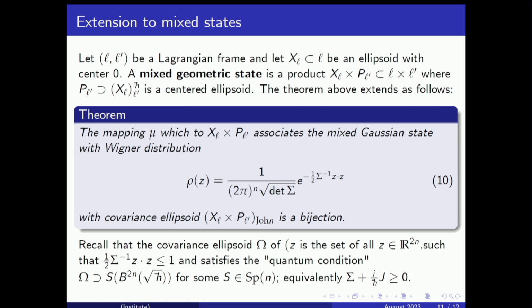It must satisfy a condition, which is sigma plus i over h bar J positive semi-definite. But this is equivalent to the fact that the corresponding ellipsoid contains a quantum blob, that is the image of the ball with radius square root of h bar by a symplectic transformation. But all these details are rather technical, and it's not for a short talk. Of course, I will have time to explain that.